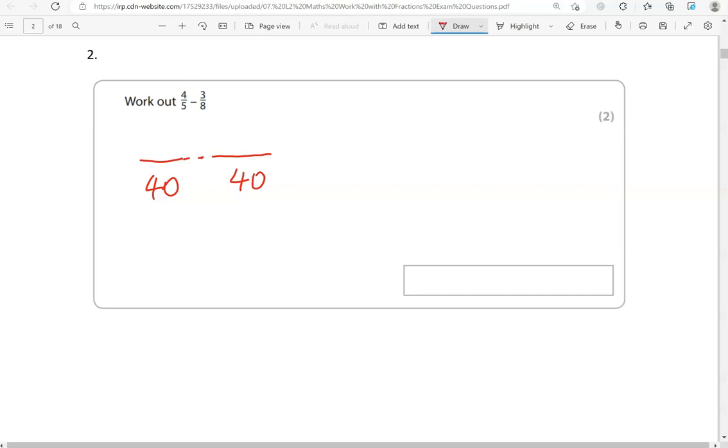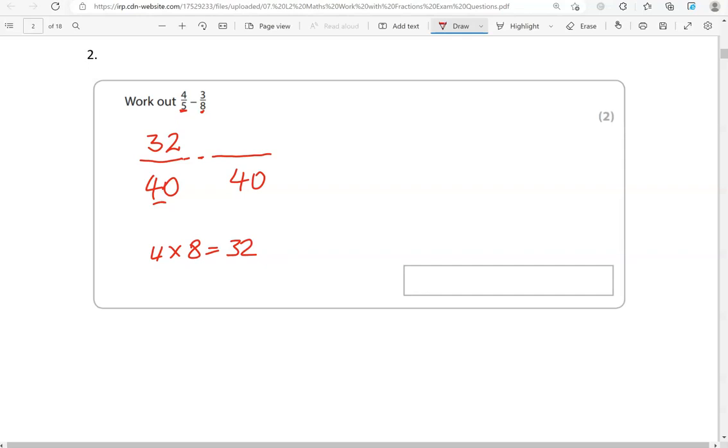So we're taking away. Now to get from 5 to 40, we multiply by 8. So we'll do the same to the top number, which is a 4. So 4 times 8, that is 32. To get from 8 to 40, we multiplied by 5.